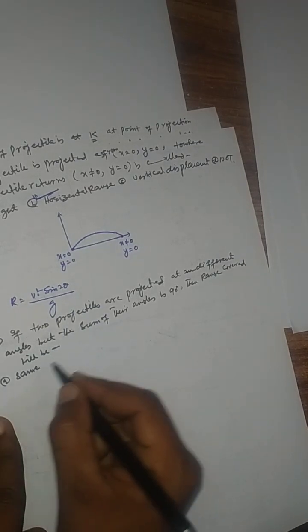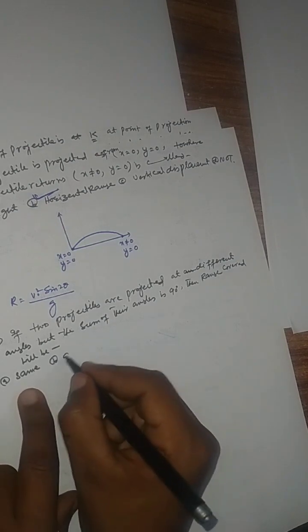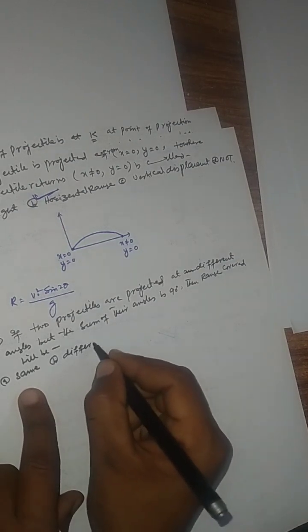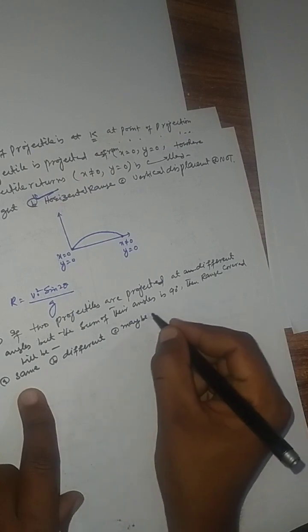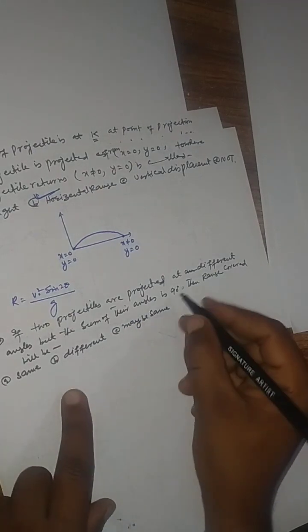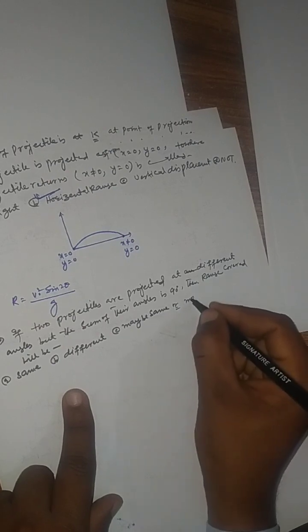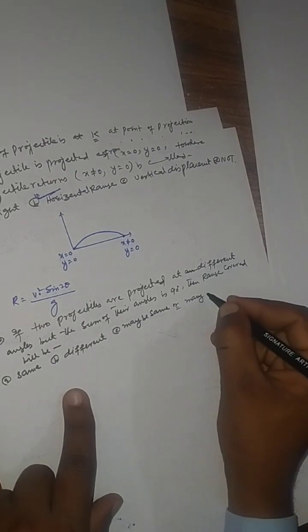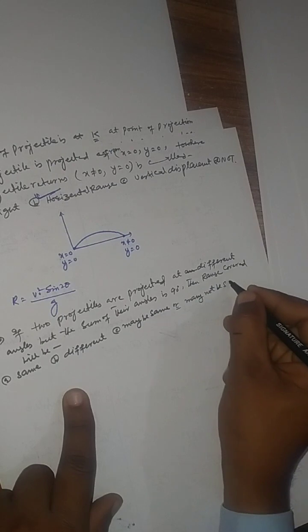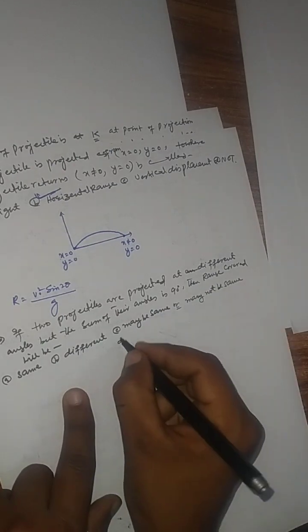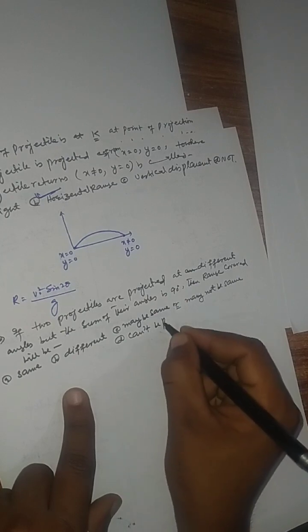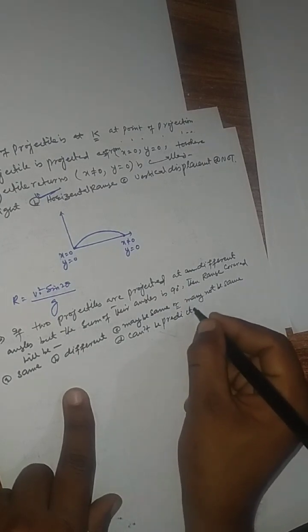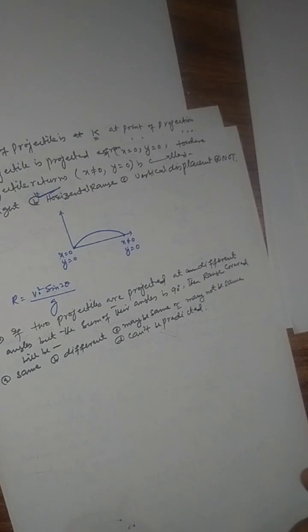Same या will be different, may be same or may not be same. ठीक है, option D can't be predicted. So what will be correct answer?